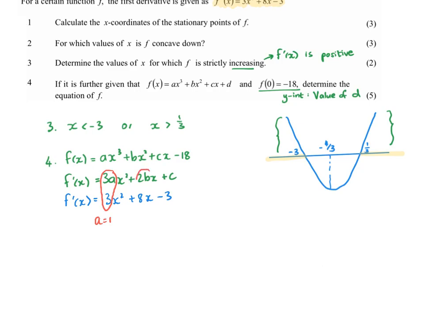It'll be 1. The value of b: 2 times what is 8? 2 times 4. And c must be negative 3. So therefore, the equation of the cubic function will be 1 times x cubed, or x cubed, plus 4x squared minus 3x minus 18.